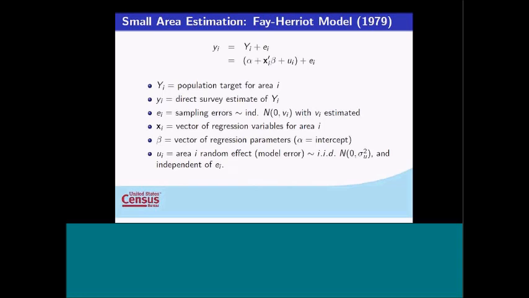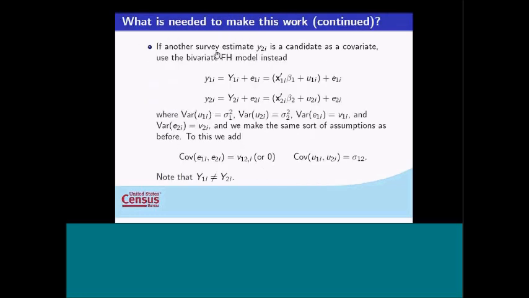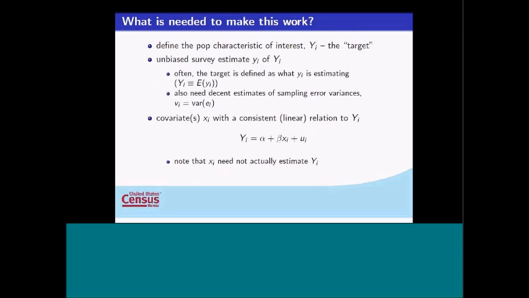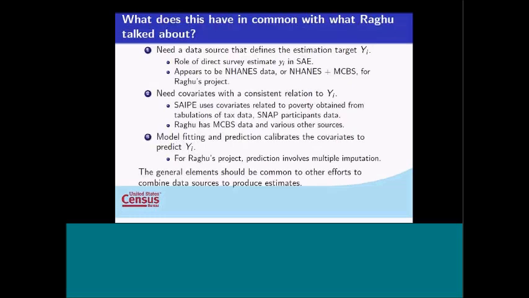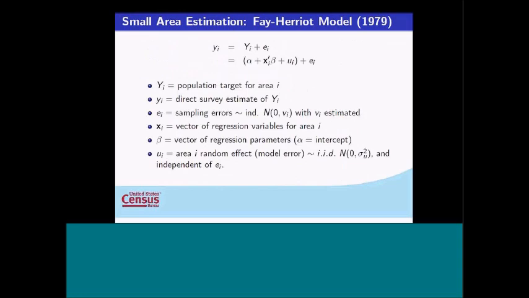Okay, so here's my two-slide overview of small area estimation, done in the context of the most fundamental small area model, the Fay-Herriot model. So we have some direct survey estimates, little y, that are estimating some population target, capital Y, with sampling error e_i, for area i.